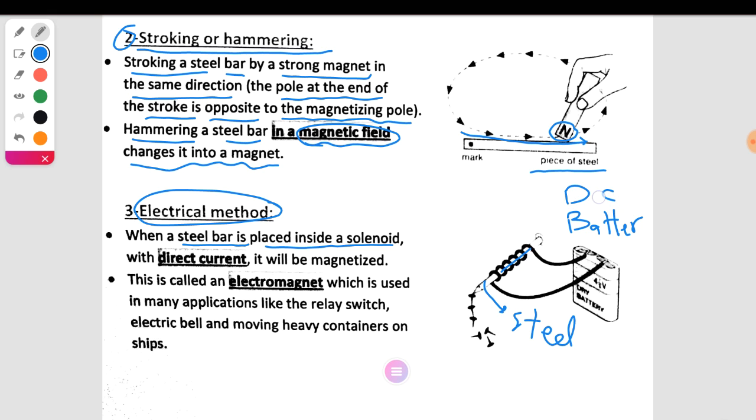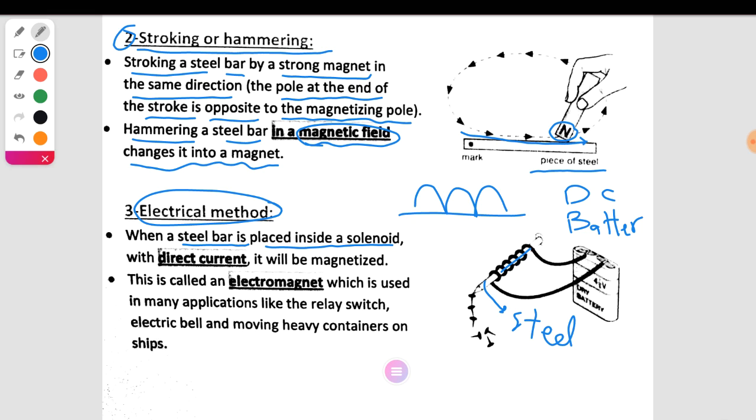The current can be classified in two types, DC or AC. AC cannot magnetize in this way because in alternating current the variable magnetic fields cancel each other, while direct current produces a magnetic field in one direction, not in two directions.